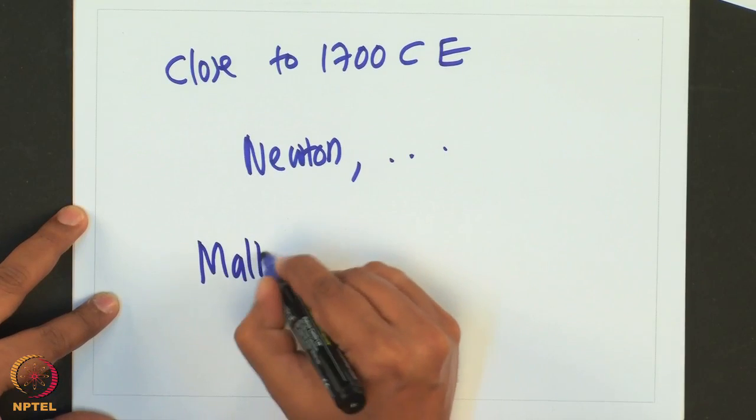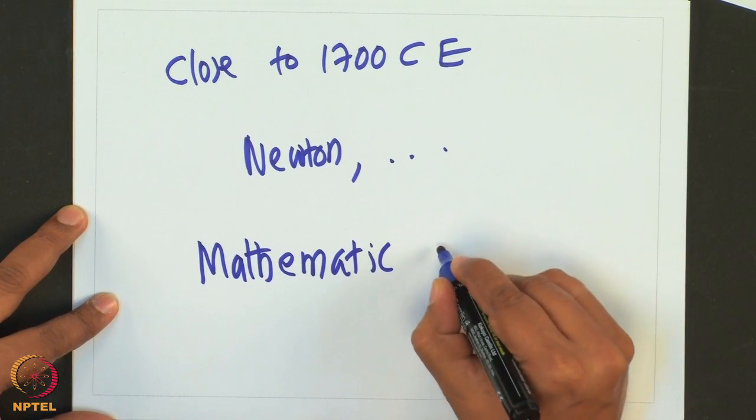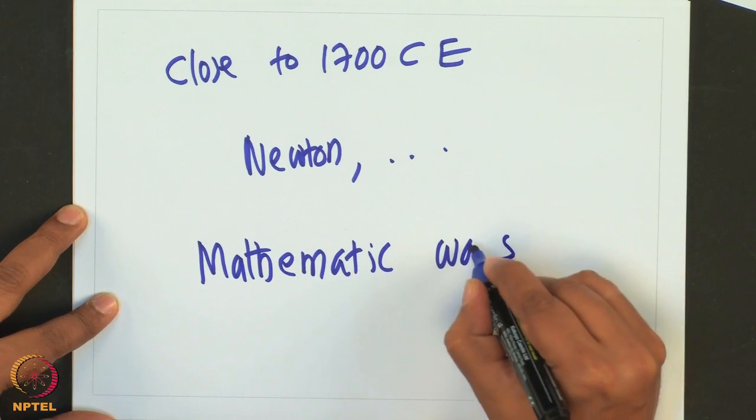So there, they had to invent mathematics, they had to invent many new things.